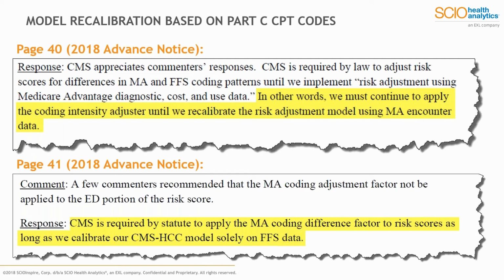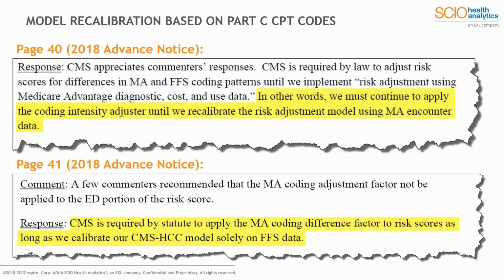This should give everybody much cause for concern. While the primary topic being answered is coding intensity, the more significant item to notice is the statement about using MAO encounter data to reprice the model.